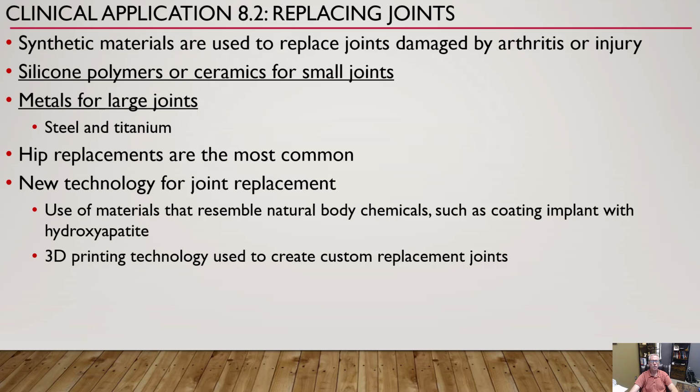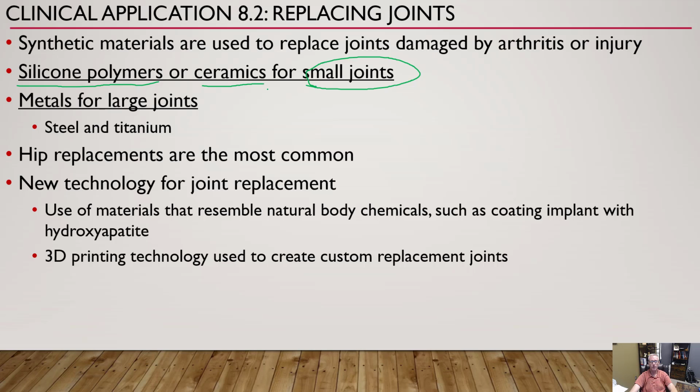All right, so replacing joints. We can replace knees, we can replace hips, we can replace a lot of different joints. Just really the two things that you need to know for this. If we're replacing small joints, we're going to use either silicone polymers or ceramics as the material.